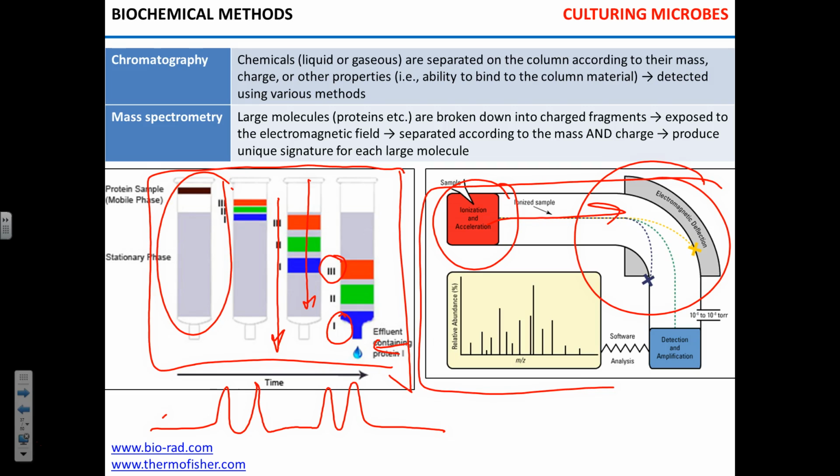So you can identify the specific fragment of a molecule or a molecule based on where it ends up in that mass spectrometer. Does that make sense? So it will produce the graph like that with peaks corresponding to different molecules, and the height of the peak will correspond to how many of those molecules you detected.